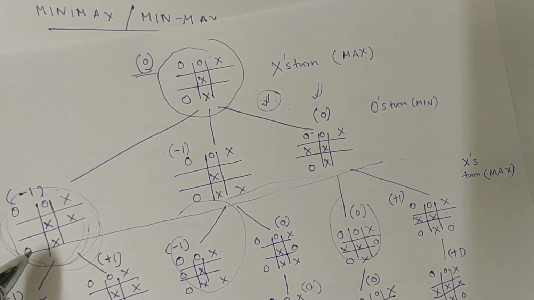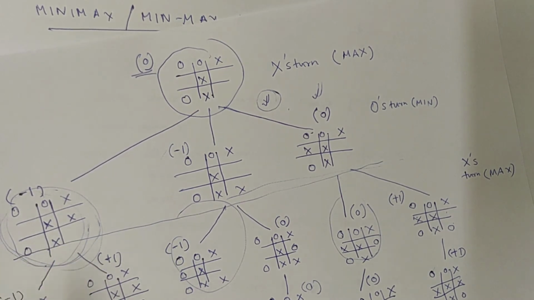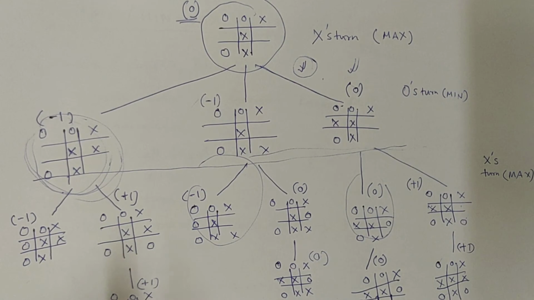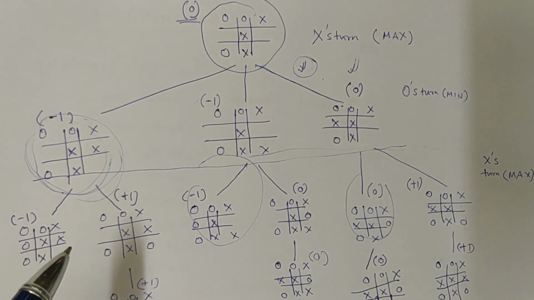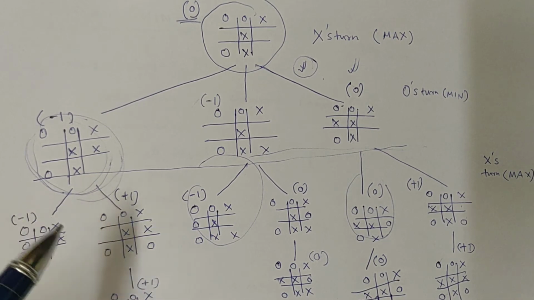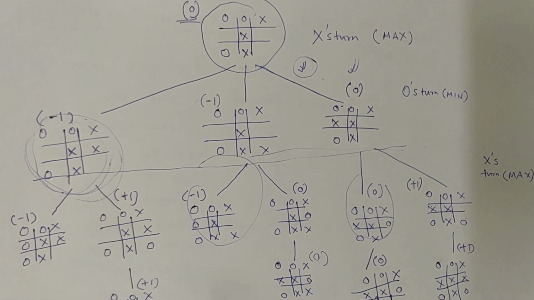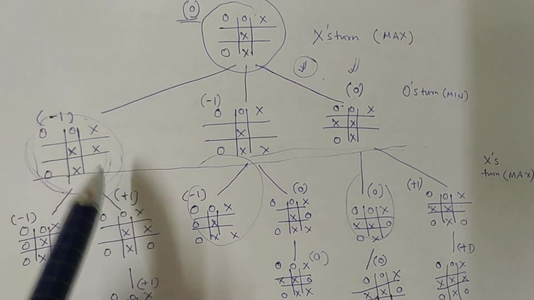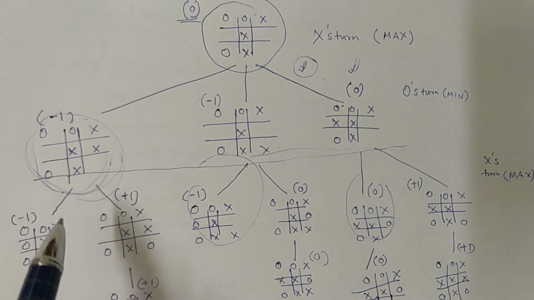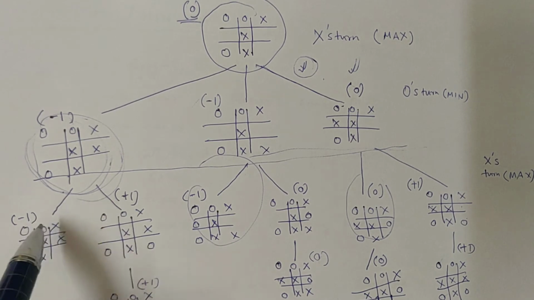Now, is this Min's turn? Yes, this is Min's turn. So the algorithm says that if it is Min's turn, return the minimal score of calling minimax on all the children. The children have already been generated since it is not a terminal position. This is the child.